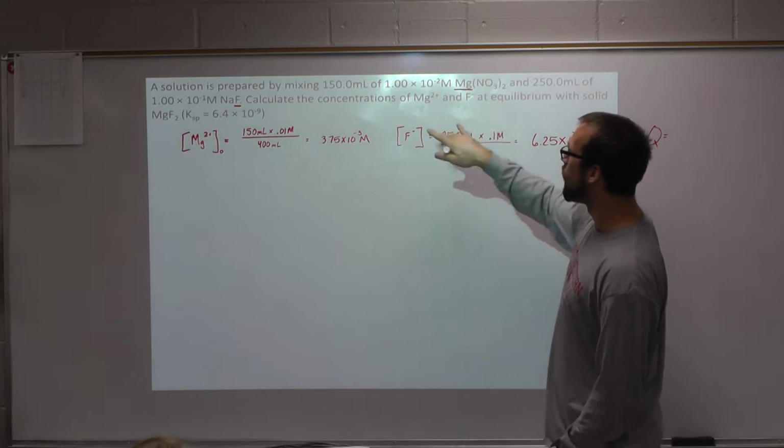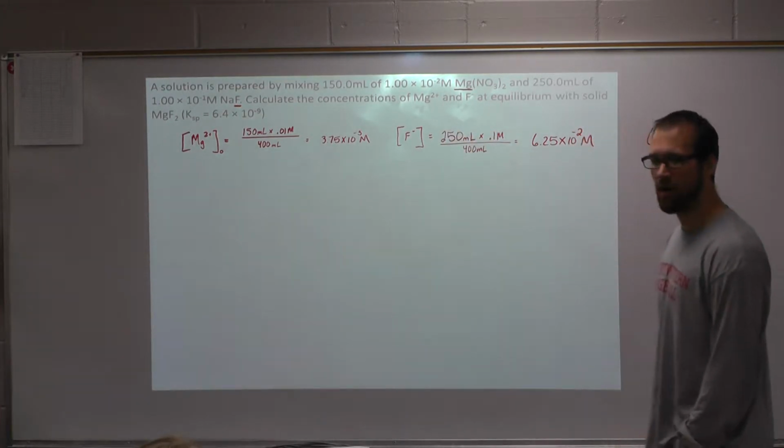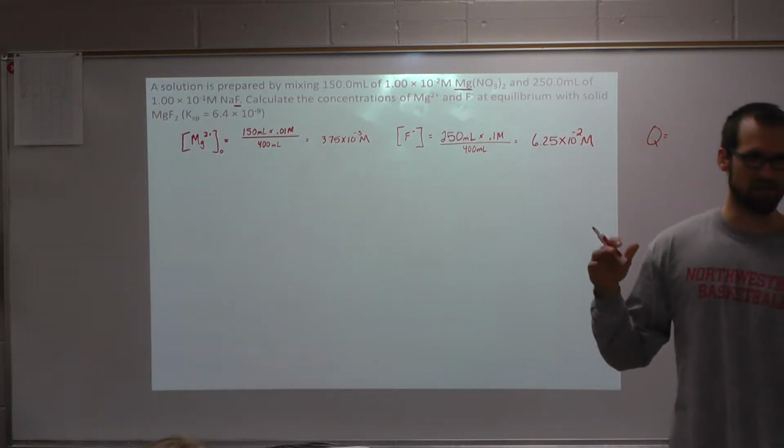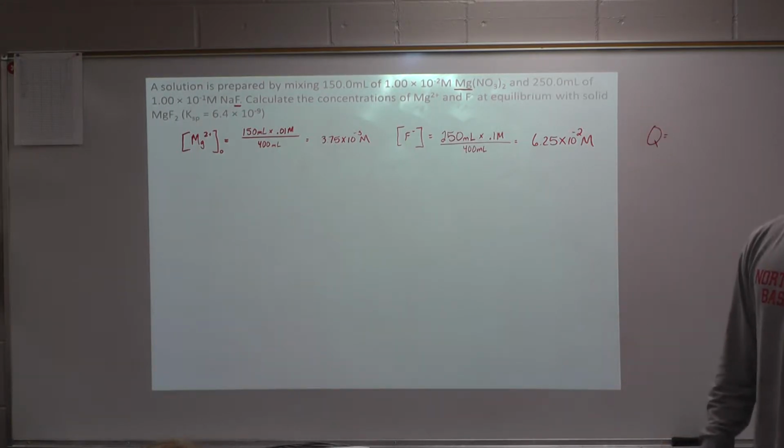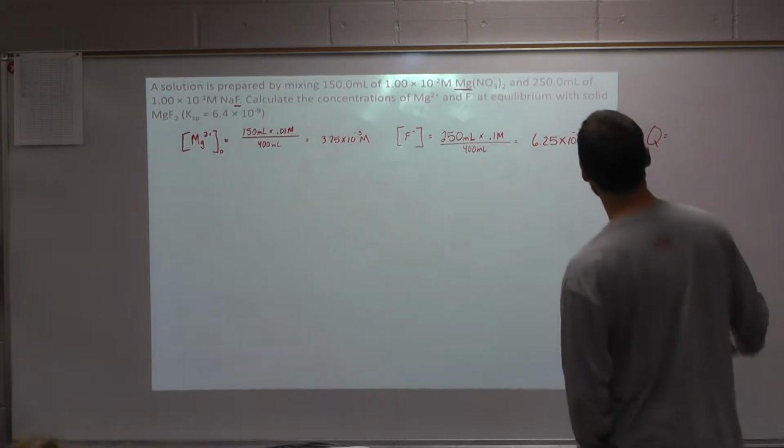Now, here might be the difficult part, not super difficult, but since there's so much information up there, what are we finding the Q of? MgF2, yes.